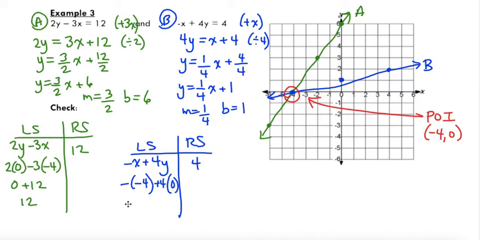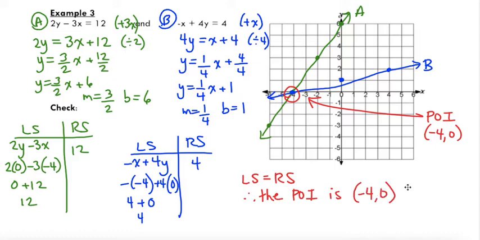Negative times -4 is positive 4. 4 times 0 is 0, and 4 plus 0 is 4. So again, that left side equals the right side, so I can say with certainty my concluding statement is the left side equals the right side. Therefore, the point of intersection is the coordinate -4, 0.